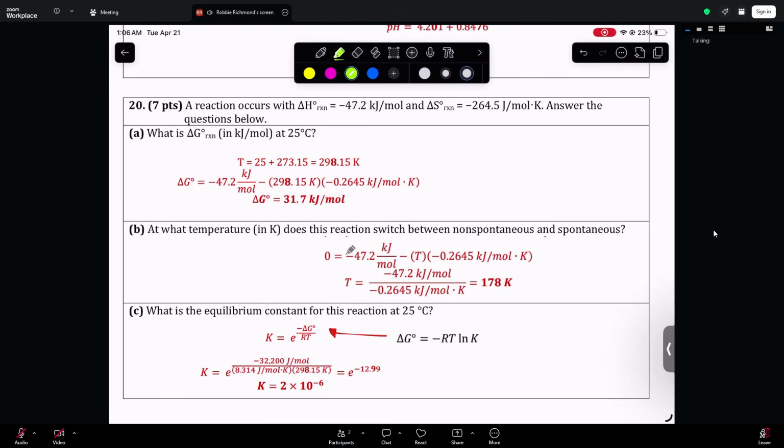So again, for delta G, put in the information. This time it does not matter if you put this as joules and this as joules, or both of them as kilojoules, whatever you prefer. But since we already did kilojoules over here, let's stay consistent with both of the units being kilojoules.